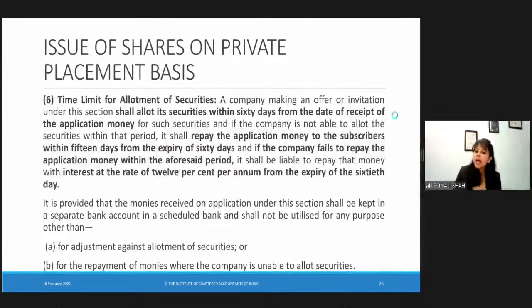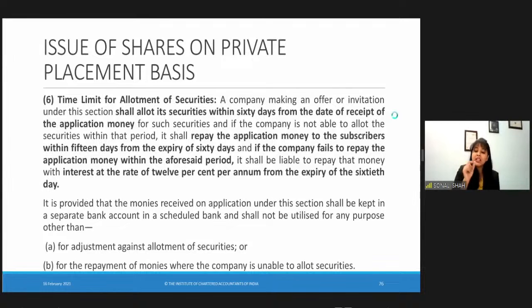If the company is unable to allot the securities, it will have to refund the money within 15 days from the expiry of 60 days. From the 61st day to the 75th day, between this period, the refund has to be done. If the refund is not done, then interest will be applicable at the rate of 12% per annum from the expiry of the 60th day.